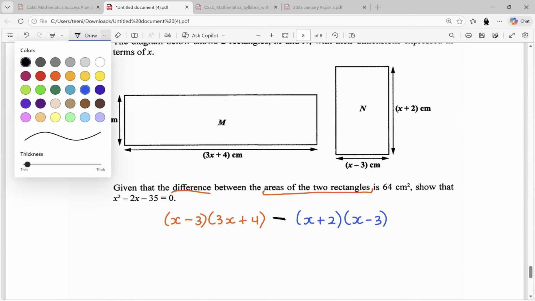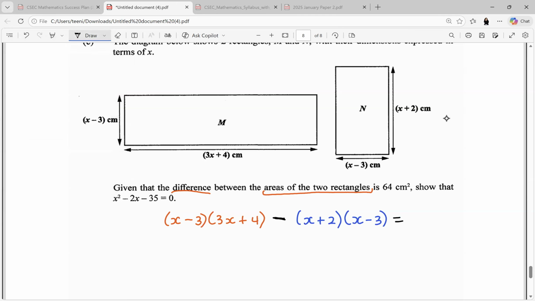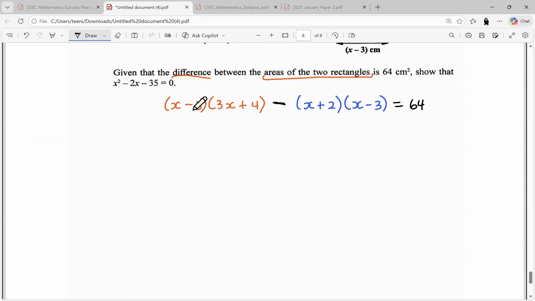And they're telling us that that difference is equal to 64. So all we do now is we expand these brackets so that it would be all equal to what they gave us here.